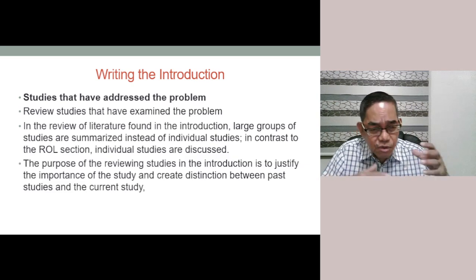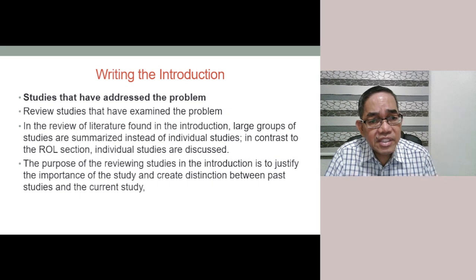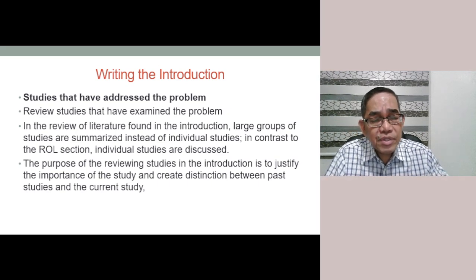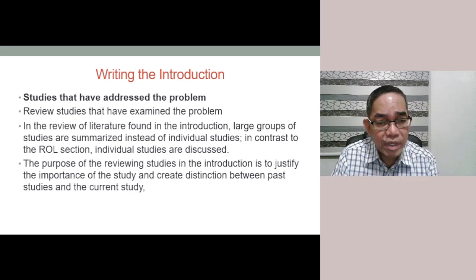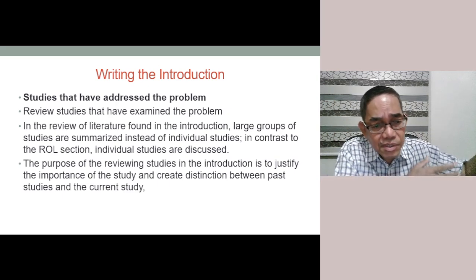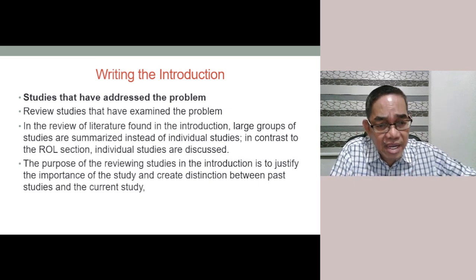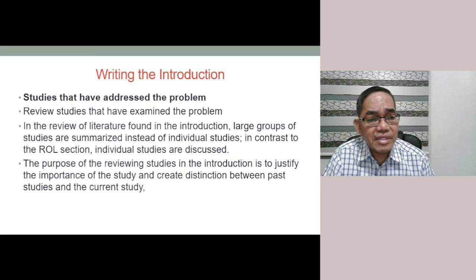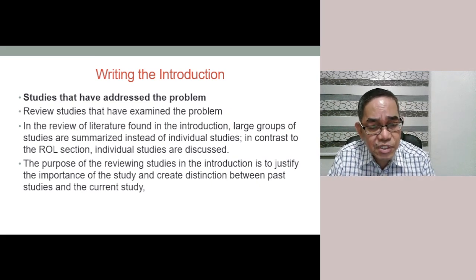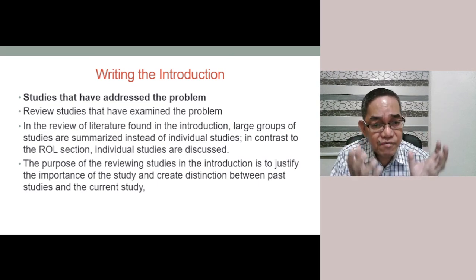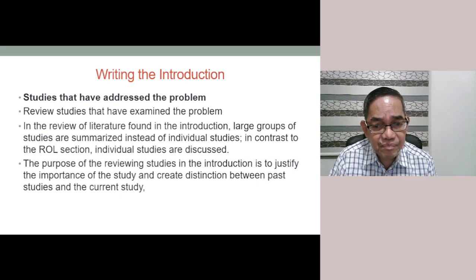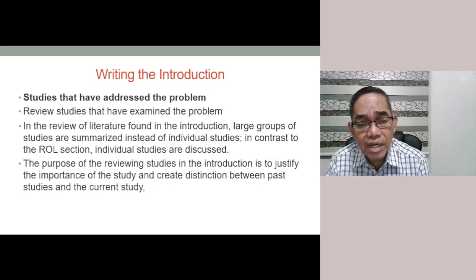And then we need to look as well at the studies that have addressed the problem. So you need to review studies that have examined the problem. So you have stated what the problem is, and then what do previous studies say with regard to the problem that you have examined. And in the review of literature found in the introduction, large groups of studies are summarized instead of individual studies.